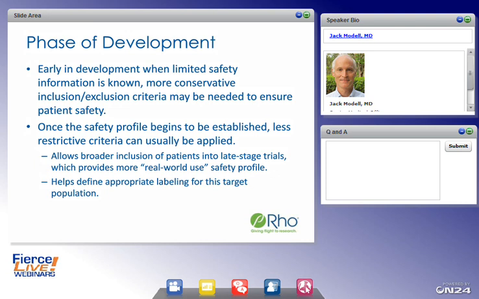If that's what the label is going to say, and that's the limit of your intended population, that's okay, although I would still suggest you test it in the other populations. But what you absolutely don't want to do is intentionally exclude populations or patient subtypes where you don't think the drug is likely to be as safe or efficacious, yet you're hoping your label will include them anyway. It's not appropriate, it's not ethical, and that shouldn't be done.